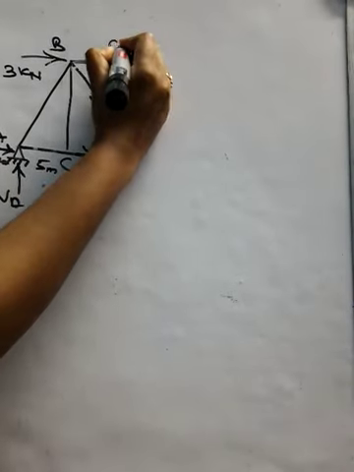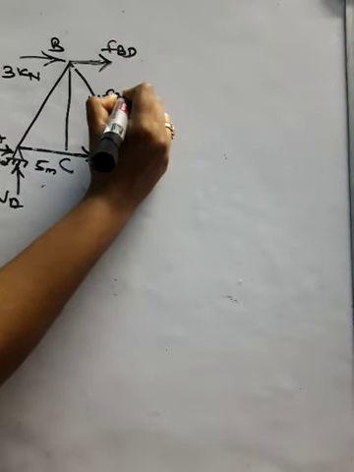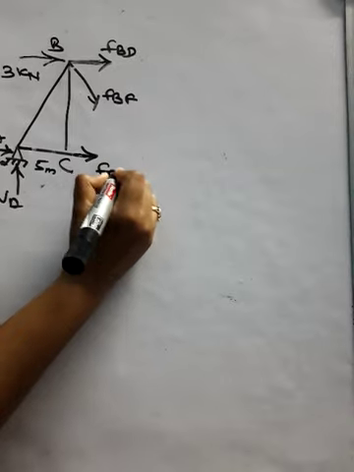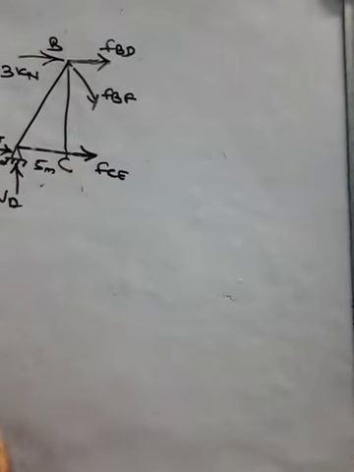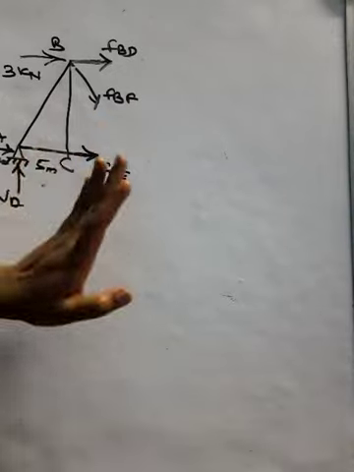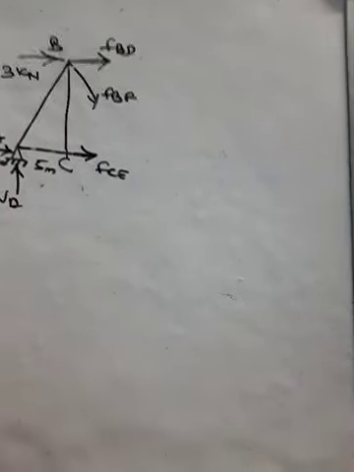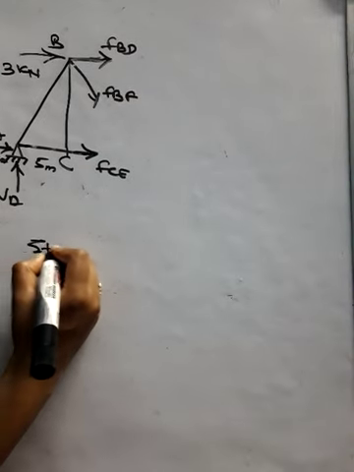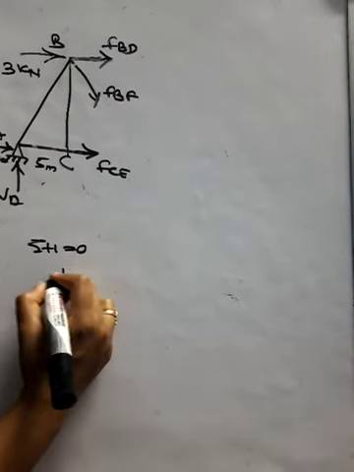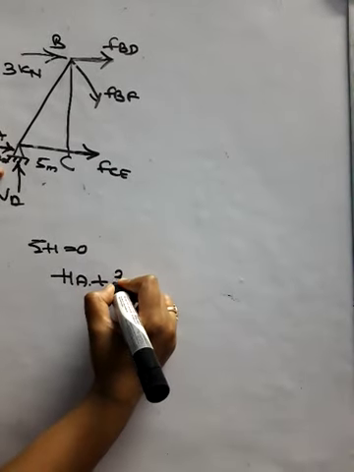Here this is FBD, here FBE, and here FCE. Whatever the section line was there, I have erased and written only the member forces here. Now let us apply summation of H is equal to 0. So HA plus 3.